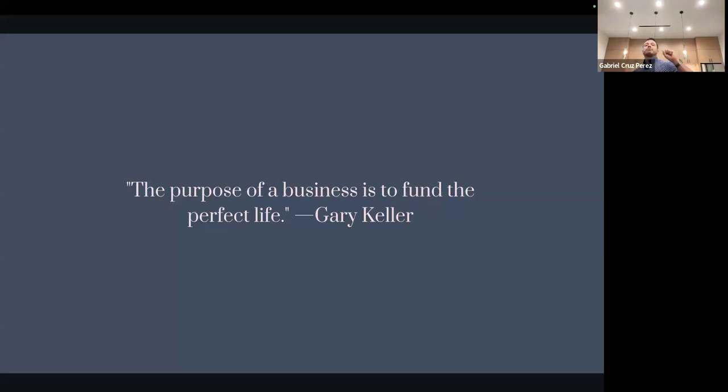Okay. And I decide that I'm going to advertise on shopping carts. I'll tell you, when I'm in Glendora, I see the same name on every single shopping cart. But the question is, is this going to help me fund the life that I want?